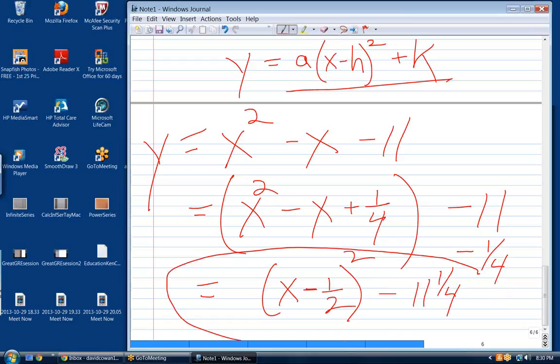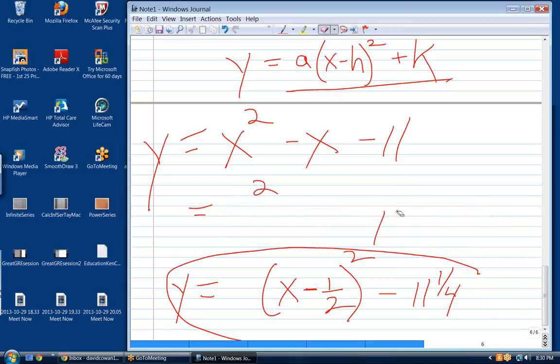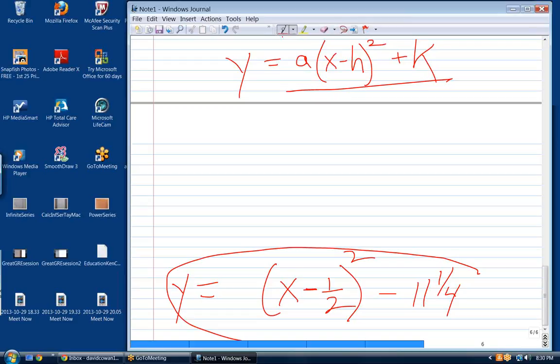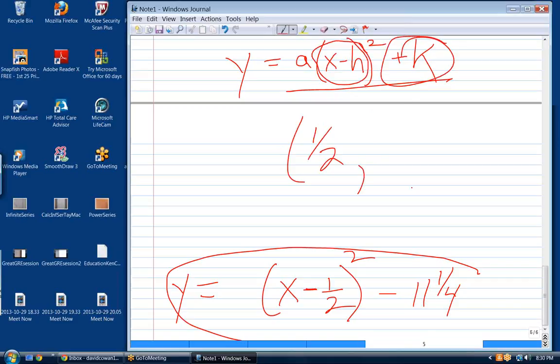There's my formula. I got it in vertex format. What's the vertex? Uh, 1/2, comma 11 1/4. Close. 1/2 is right because it's x minus h, but it's plus k. So the y coordinate is minus 11 and a quarter.